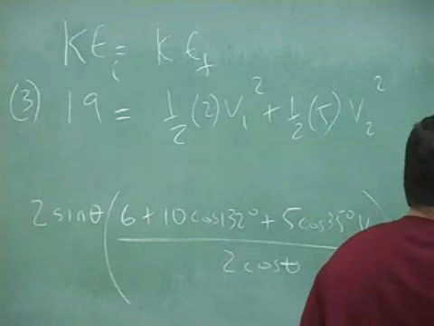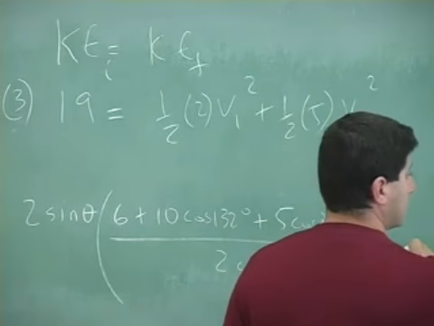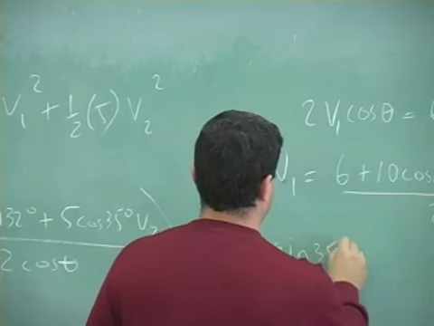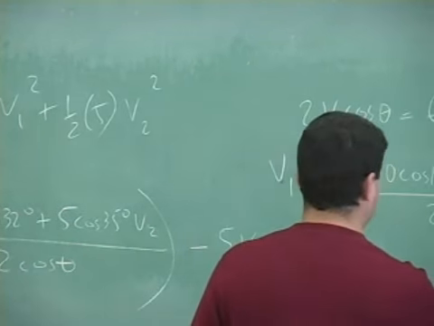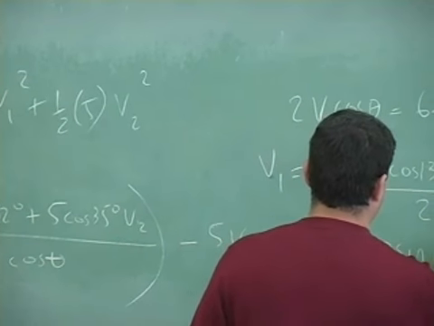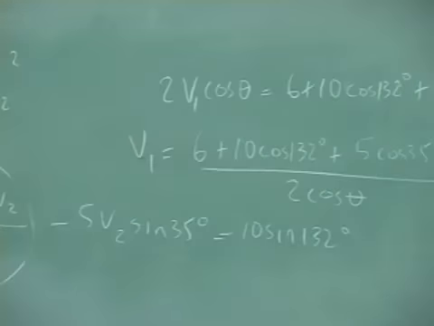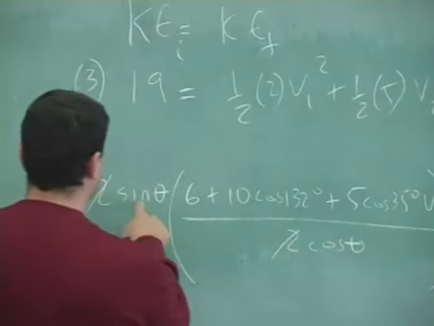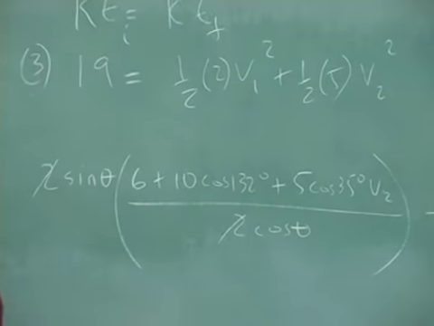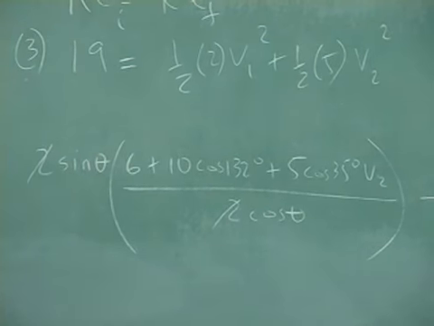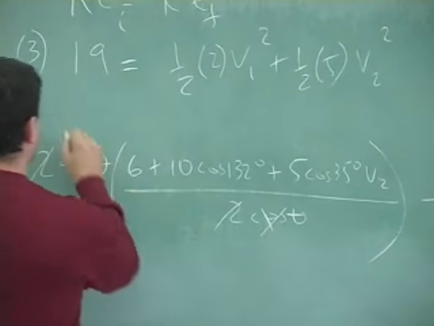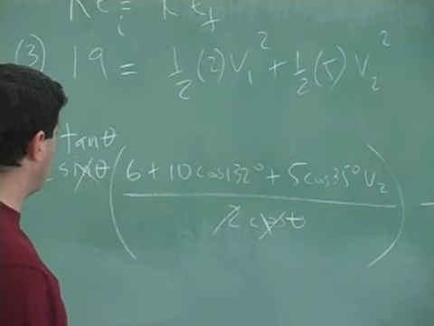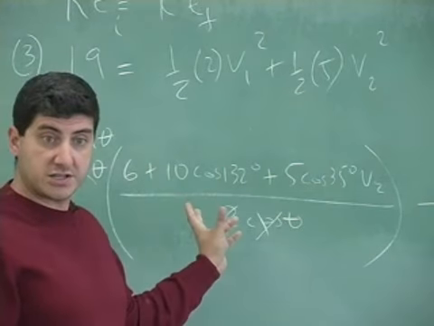So I'm putting this where you see the V1 in the second equation, minus 5V2. And now here the 2 and the 2 cancel, and sine of theta over cosine of theta is tangent of theta, right? So that simplifies. So let's write it as tangent of theta. And now I could rearrange this.